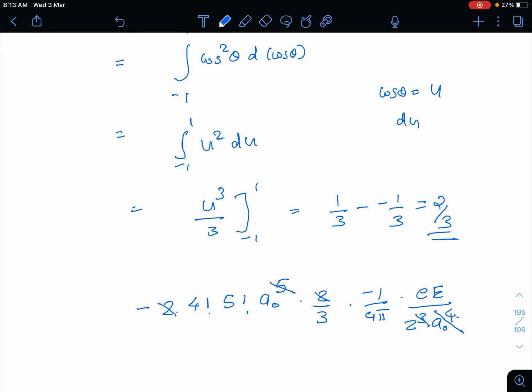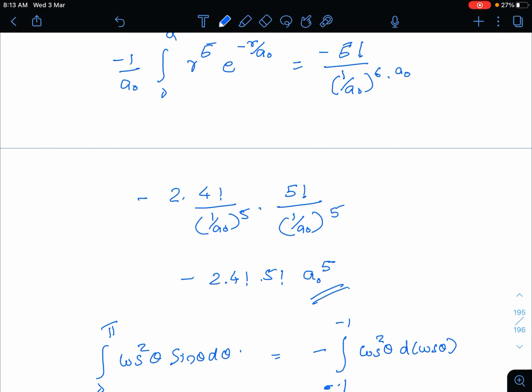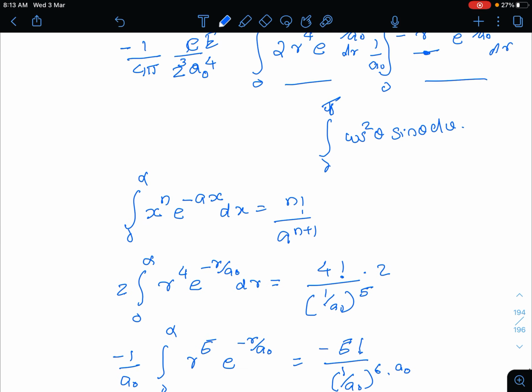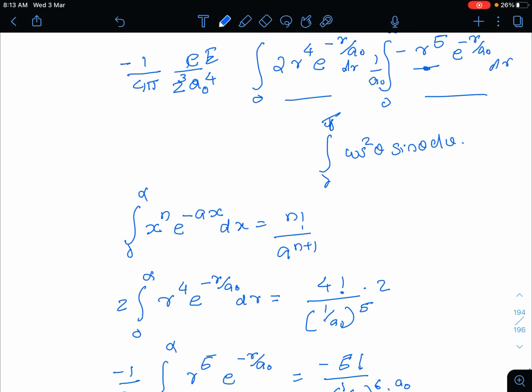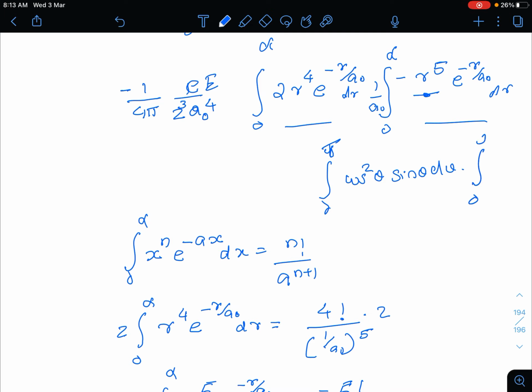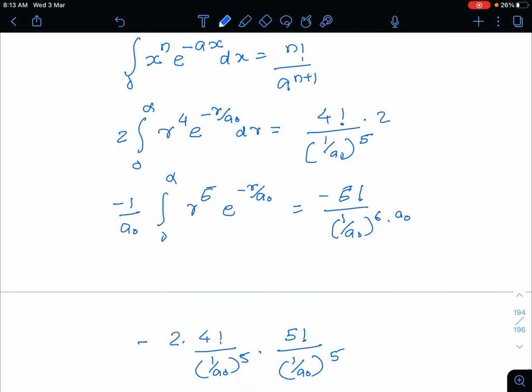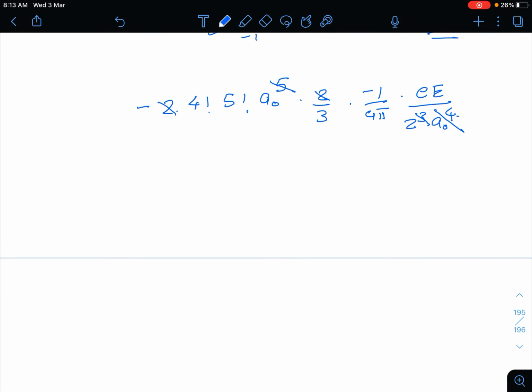Something which I missed. Oh, we missed something, that is the integral from 0 to 2 pi of d phi. So that is 2 pi. Sorry, that I missed. I'm really sorry for that. So that 2 will be here, so 2 into 2, 4.